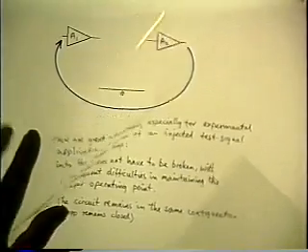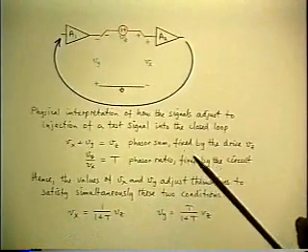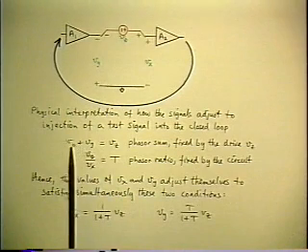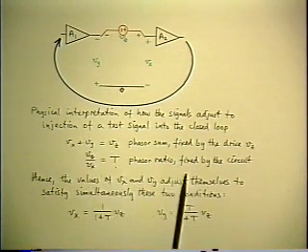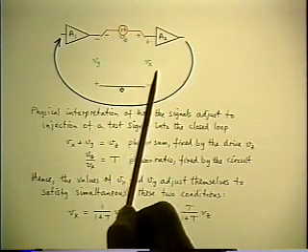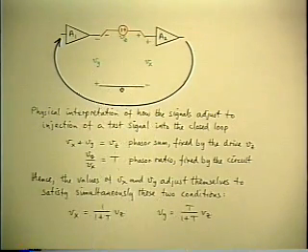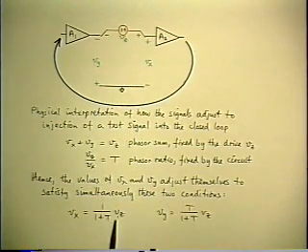Here's the summary of the phasor triangle conditions. Here are the two equations. Vx plus Vy equals Vz. Vy over Vx equals T. So when you solve those two equations simultaneously, you can find what values Vx and Vy adopt automatically when you impose an arbitrary value of Vz.